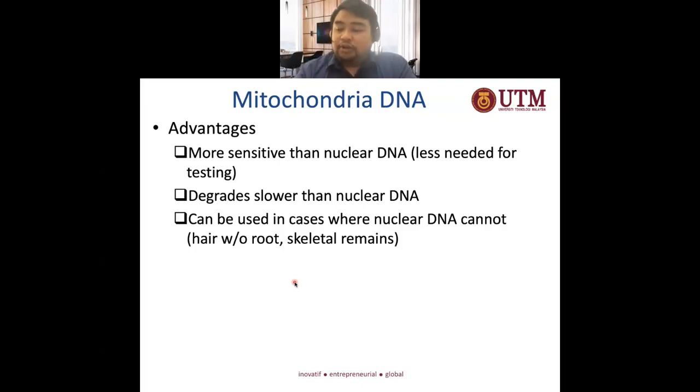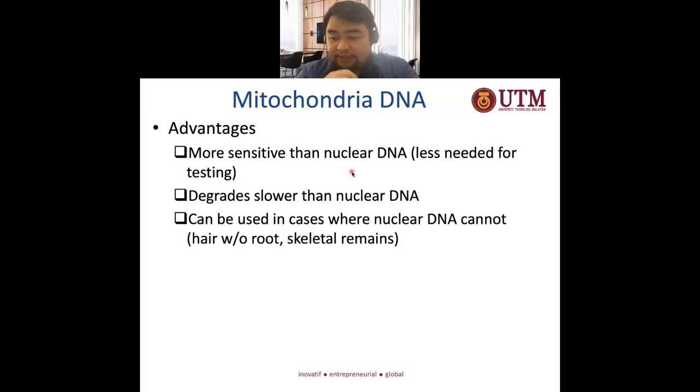So it can be used where there is no nuclear DNA available. As I mentioned before, if you only have skeletal remains and no biological evidence anywhere, you can use the skeletal cells to get the mitochondrial DNA.